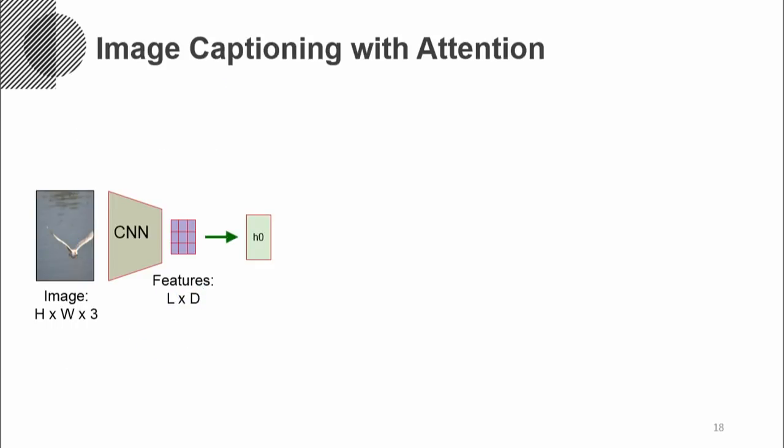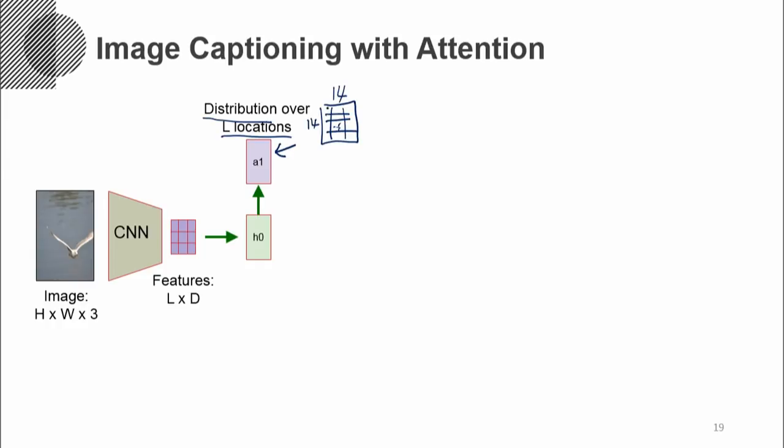And then it works as the initial hidden state vector coming from the previous time step. And when generating the output, instead of generating just an output word, we actually generate a distribution vector over L different locations. The distribution means that this A1 will have the same size of 14 by 14 regions.